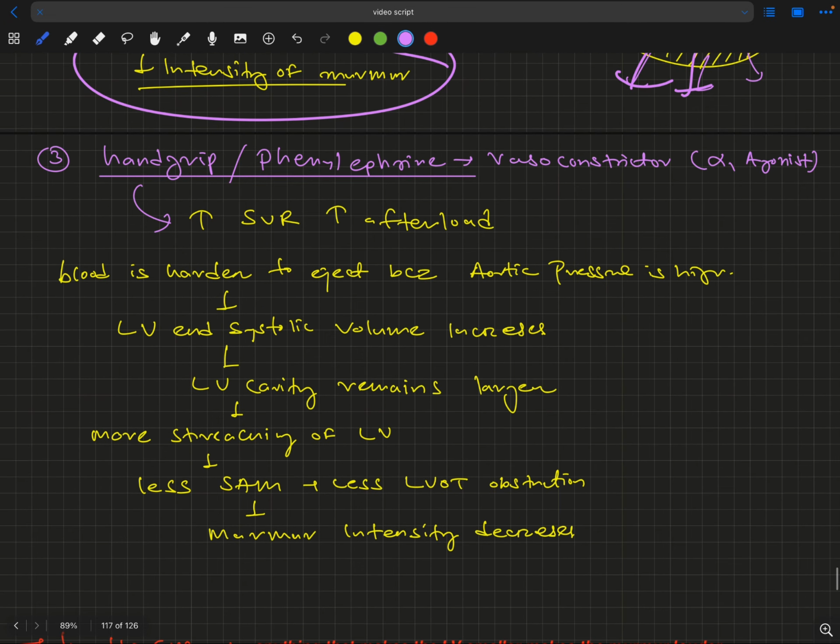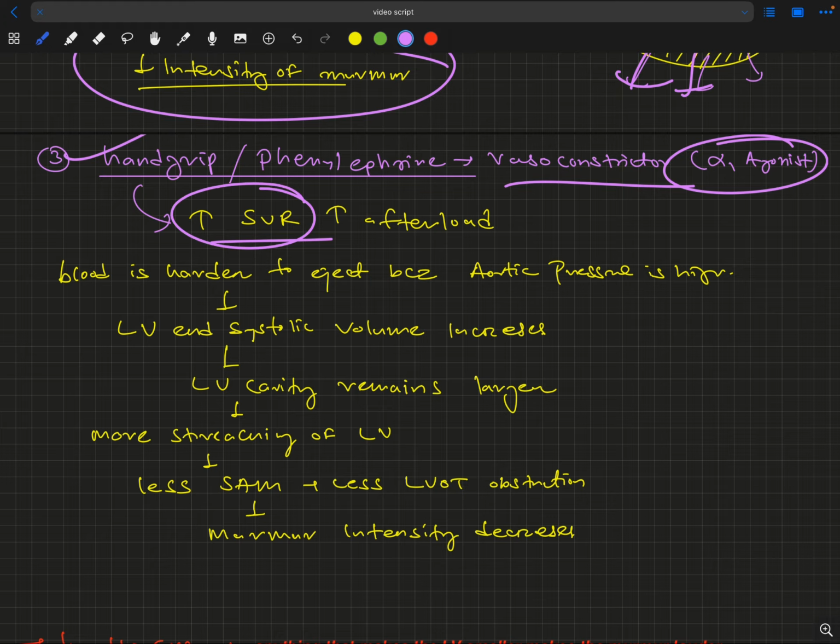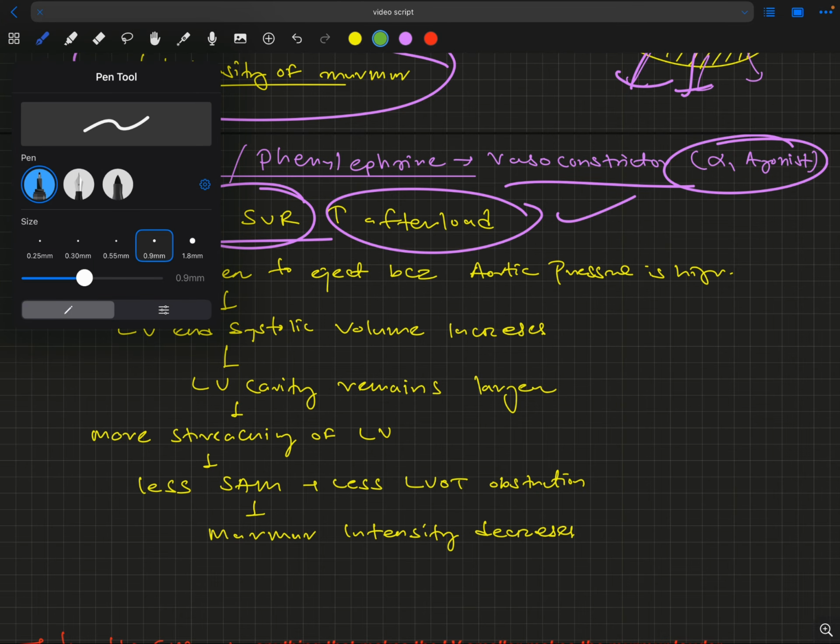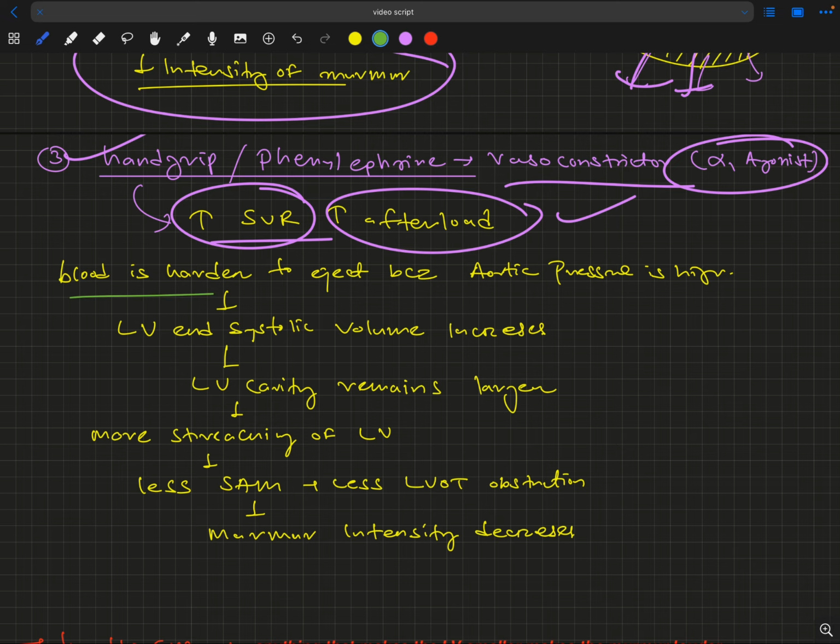So on hand grip, or giving phenylephrine, which is a vasoconstrictor alpha agonist, there will be an increase in systemic vascular resistance or increase in afterload. When there is an increase in afterload, blood is harder to eject because aortic pressure is high.